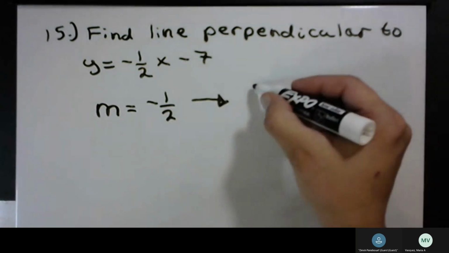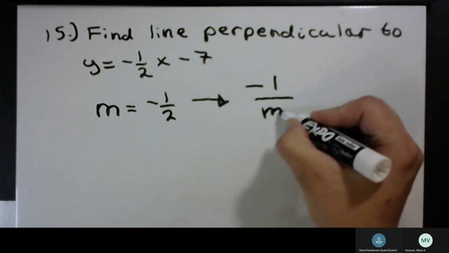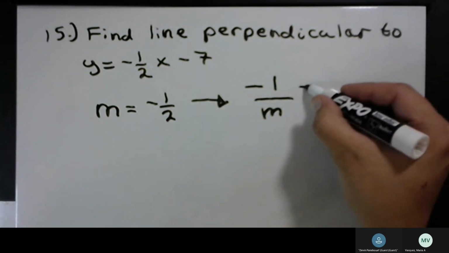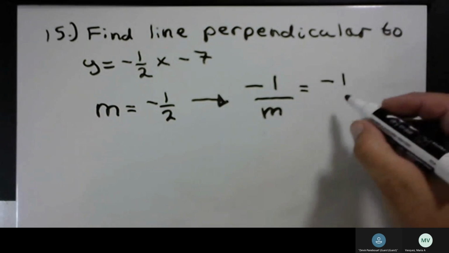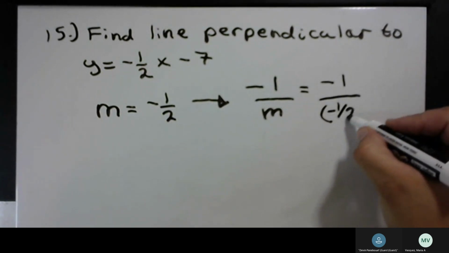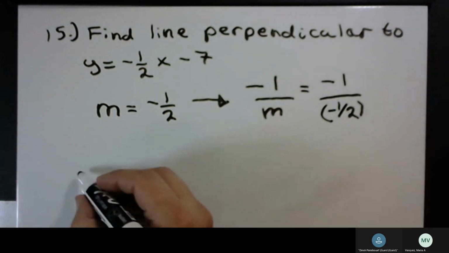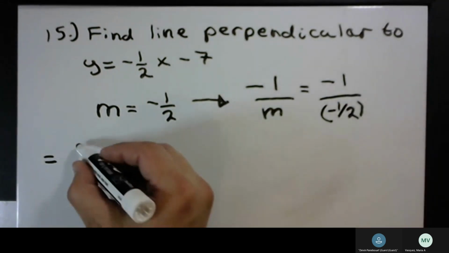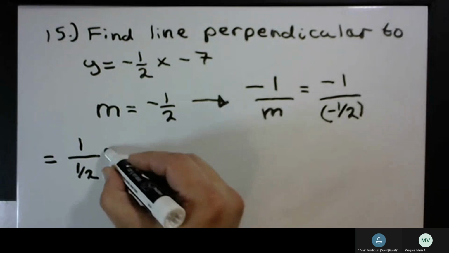The perpendicular line, it's -1 over this slope. Now this is just the slope, it's not the line. We get -1 over -1/2. And to do this computation, we have negative over negative is going to be positive. So this is 1 over 1/2.